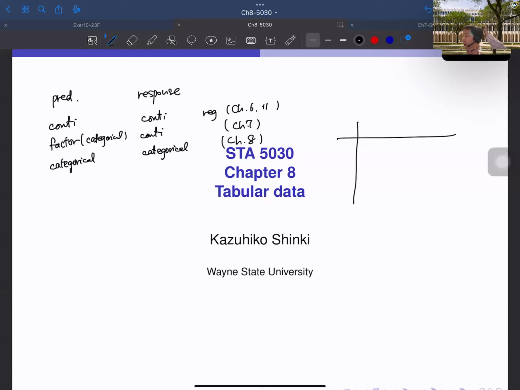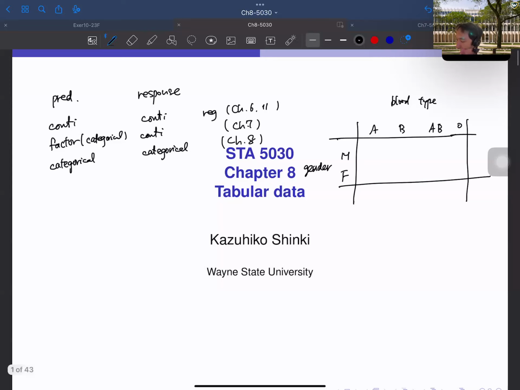For example, maybe blood type and gender. Then we have genders and blood types, so we have a table, and we are analyzing this table.